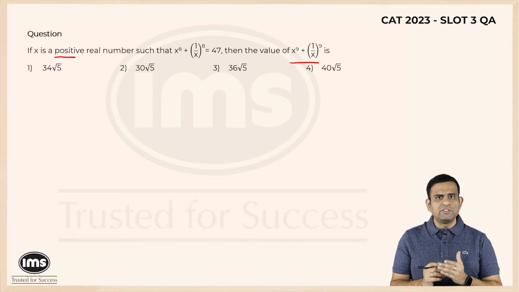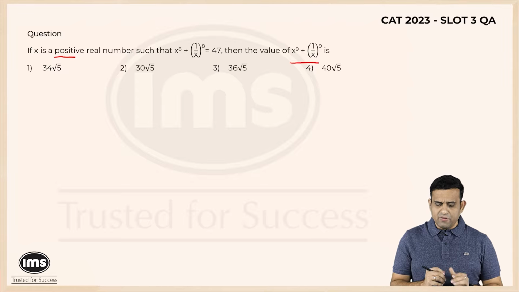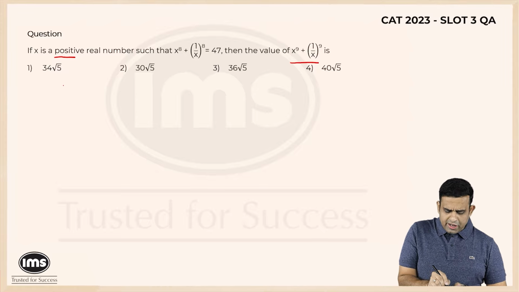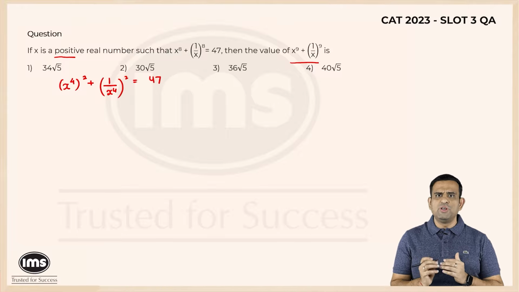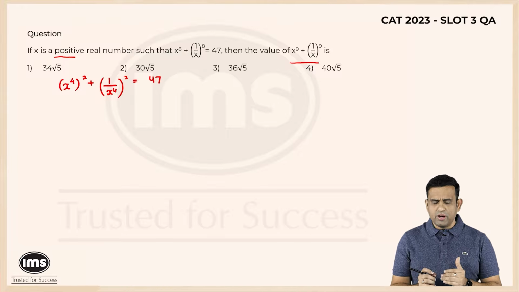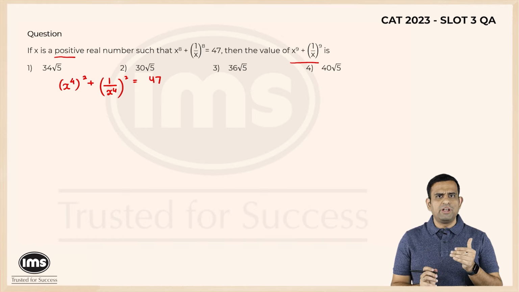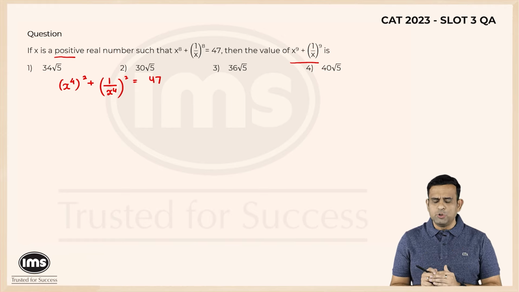The given thing was x power 8 plus 1 upon x power 8. So I can write the term as x power 4 whole square plus 1 upon x power 4 whole square equals 47. Now you have something of the form a square plus b square. The formula is a plus b whole square minus 2ab.